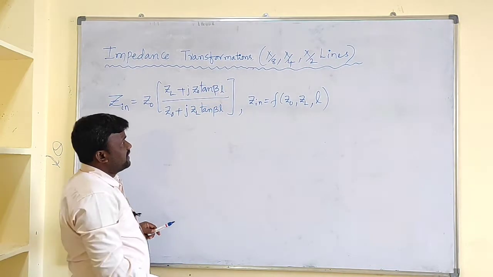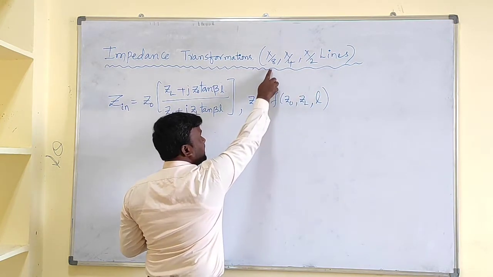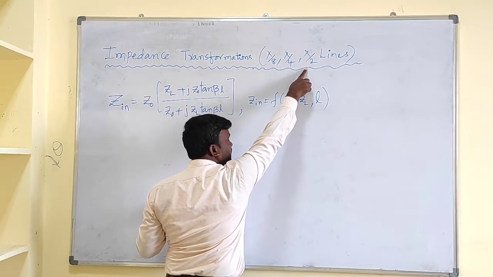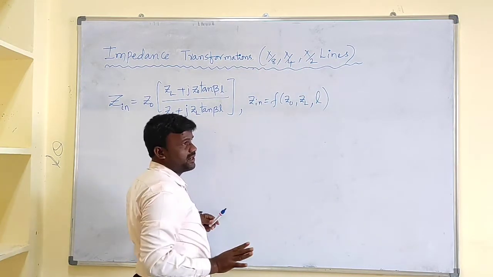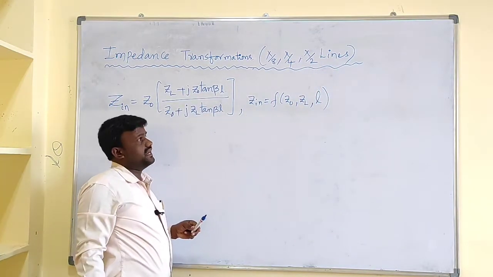So that's why we consider a transmission line of different lengths: length equal to lambda by 8, length equal to lambda by 4, and length equal to lambda by 2, which is called a lambda by 2 line. Let us consider these three different lines.